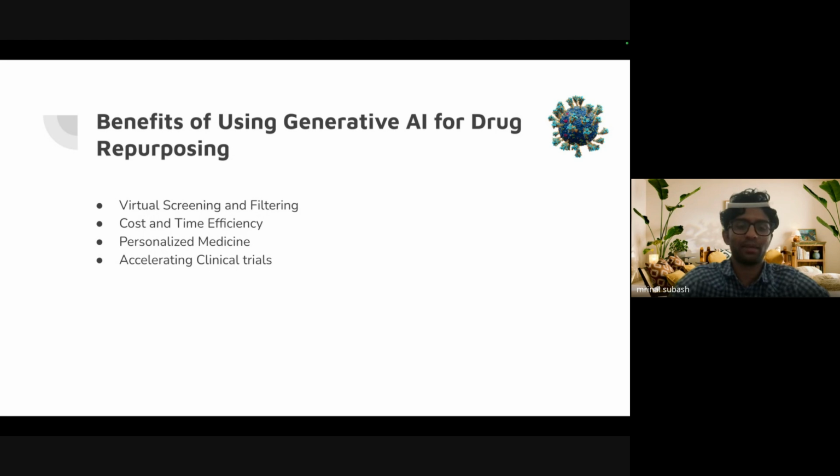Like in the previous example, there might be a huge panel discussion about how this particular drug can be effective for a certain disease. But if AI is given permission to intervene, it can effectively assist in designing more efficient clinical trials.